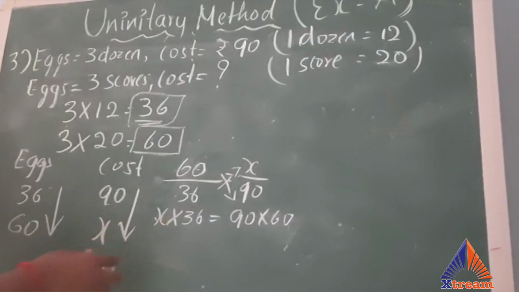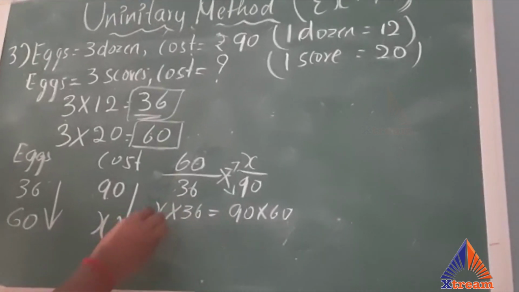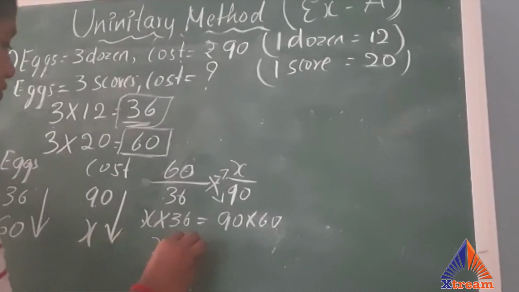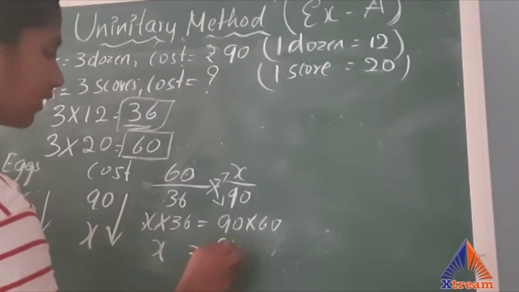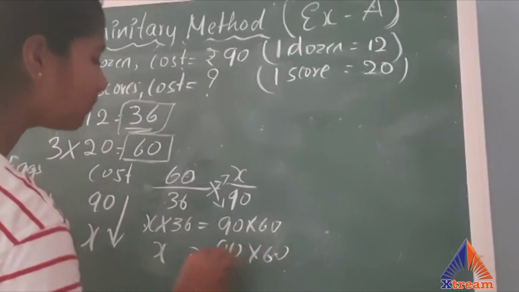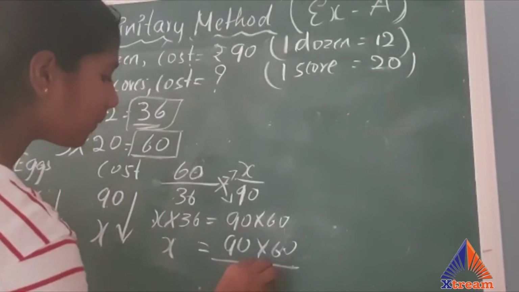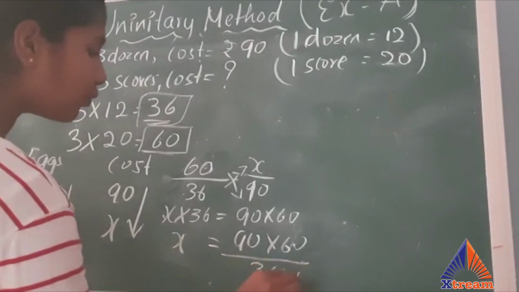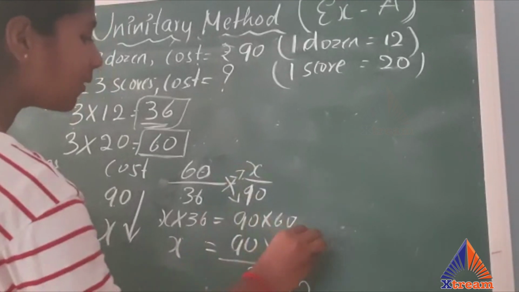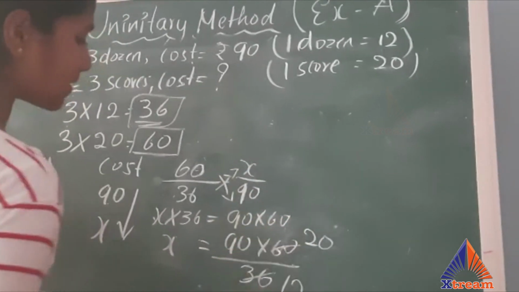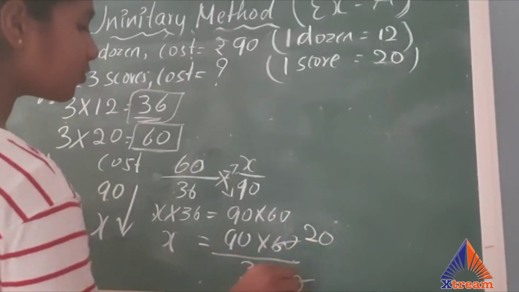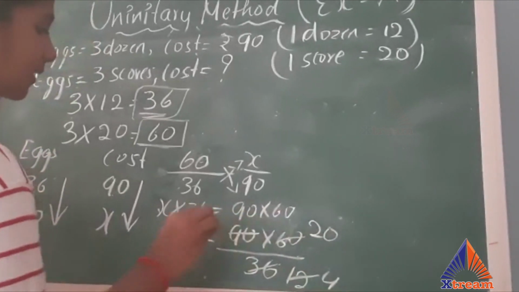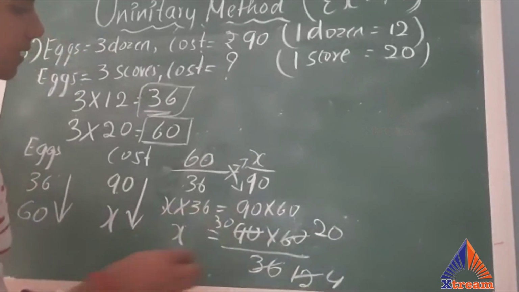Now we have done the cross multiplication here. Let's divide this. So keep x as it is and transfer the 36 into right hand side so that it will become division. That is divided by 36. So let's cancel the 3 table. 3 12s are 36 and 3 2s are 6, 0 as it is, and 3 4s are 12 and 3 3s are 9 and 0 as it is.